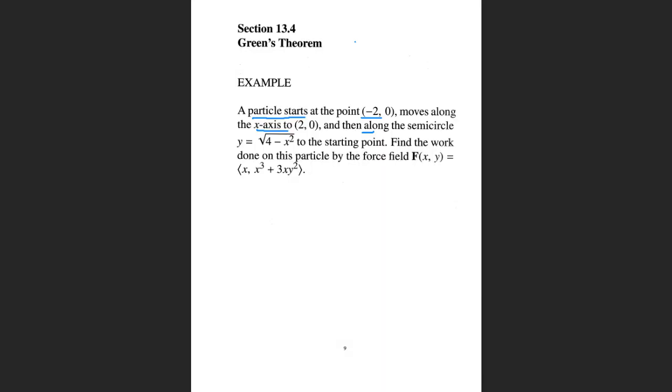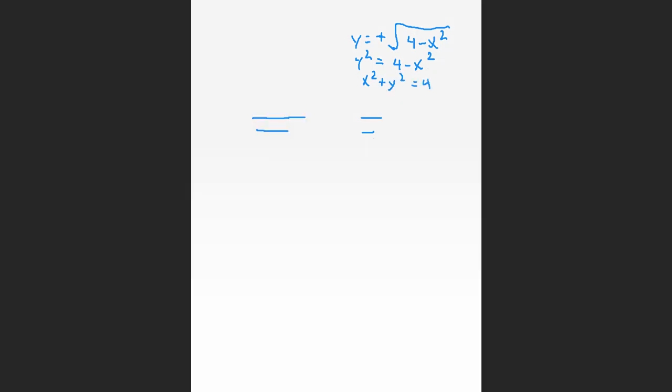Okay, so if we think about that semicircle for a moment here, the semicircle is y equals positive square root of 4 minus x squared. If we square both sides, we get y squared equals 4 minus x squared, or x squared plus y squared equals 4.